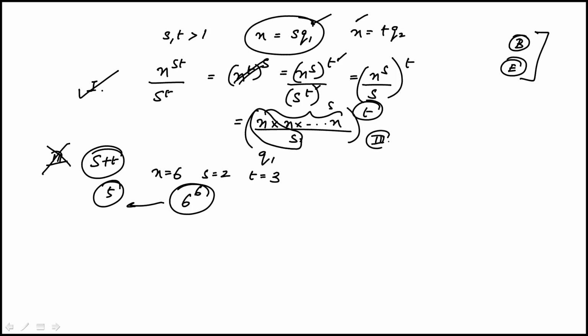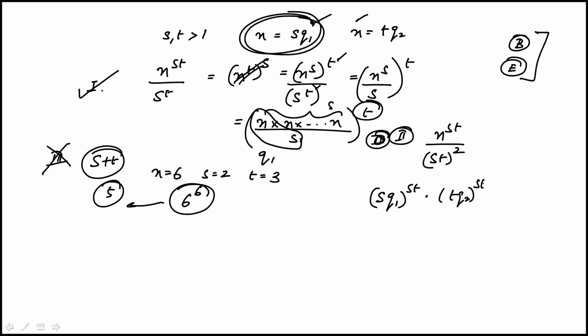Now finally, the second one, which is the hard one, is n to the power of st over s squared t squared. So one way we can do this is to use these expressions: s q1 to the power of st, and then t q2 to the power of st over st. Actually, I'm going to write it as s squared and t squared. So here we have s to the st over s squared, and then t squared.